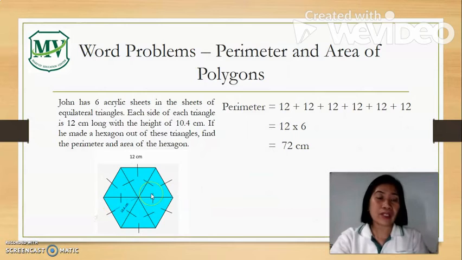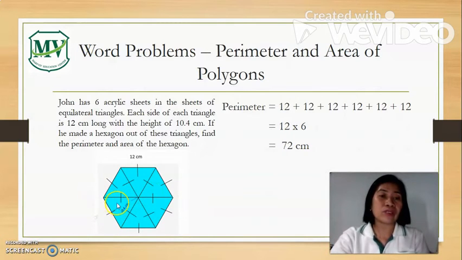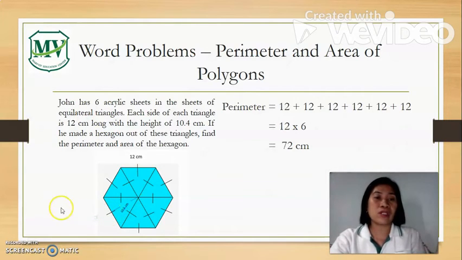To get the area, we are going to use the formula of the area of the triangle, since the hexagon is made up of equilateral triangles. The base of the triangle is 12 centimeters and the height is 10.4 centimeters. So to get the area of this hexagon, we are going to use the formula of the triangle times 6, which is the number of sides.